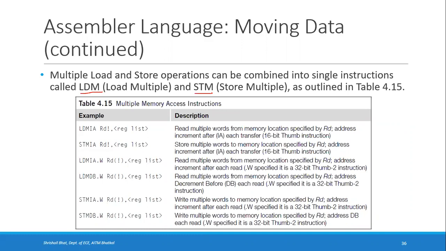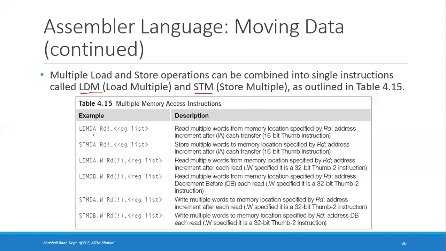You can either use increment after or decrement before to go for the next load operation. That means for loading the next byte, we need the contents of an address, and that address can be the next address or a lower address. In 8086, if you remember, there is a direction flag which determines whether you are going to increment or decrement. Here you do that using the instruction itself, by using either increment after or decrement before.